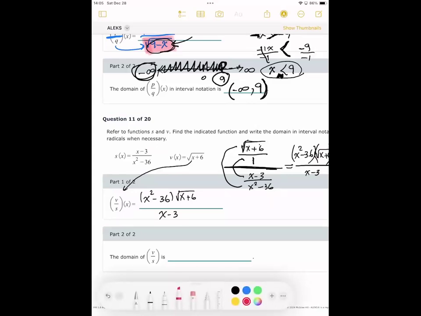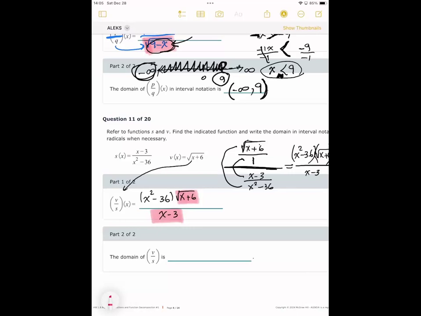So you don't want this part to be negative. You want x plus 6 to stay positive, or it could be 0. You don't want x minus 3 to turn to 0. So we don't want to have 3 here. Positive 3 minus 3 makes that 0.